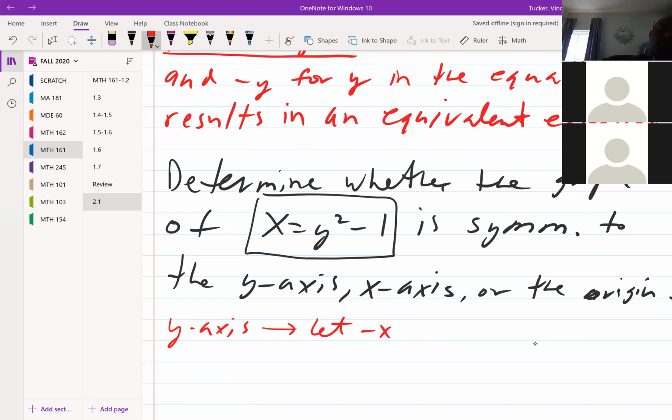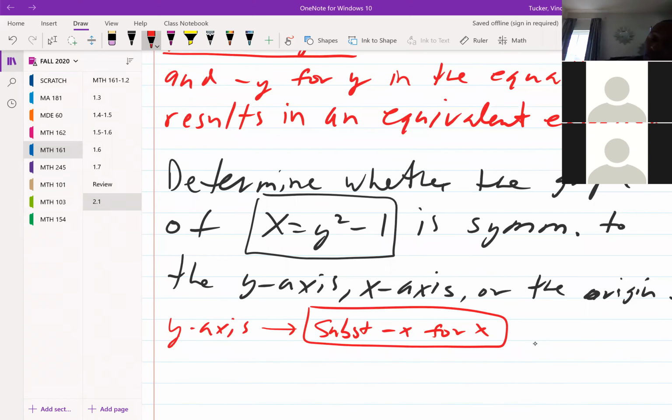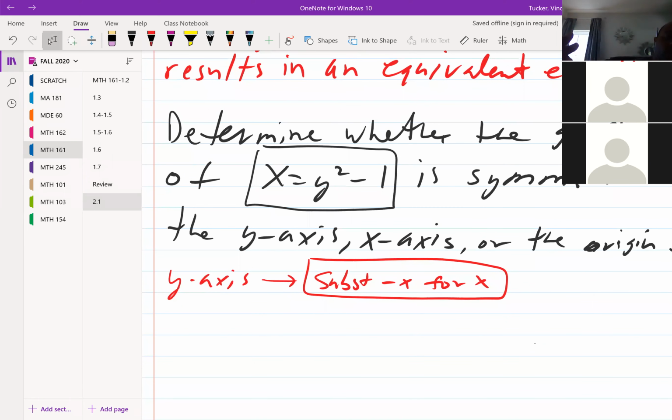All right, so let's look at the first one. If we want to test for symmetry with respect to the y-axis, we're going to substitute in negative x for x and see if we have an equivalent equation. Or in other words, does it give us the original equation?